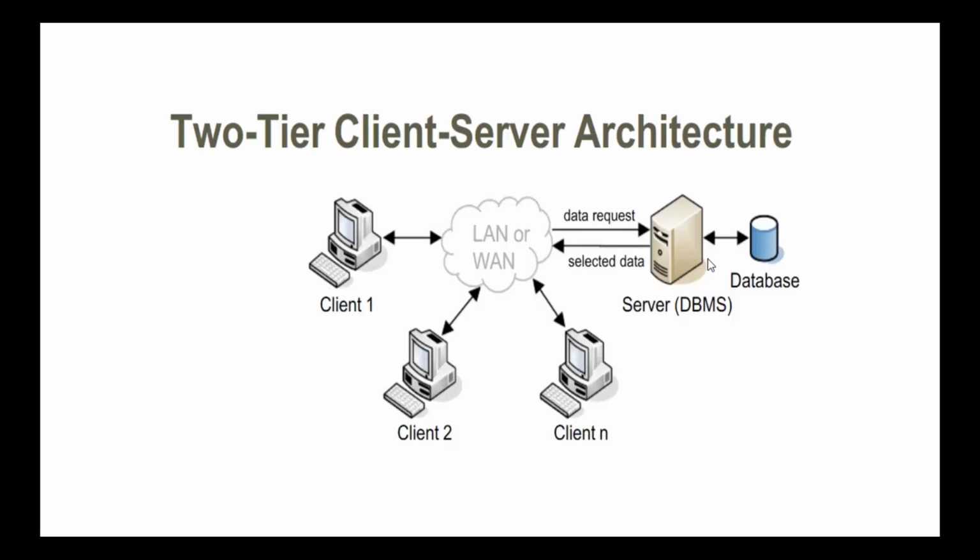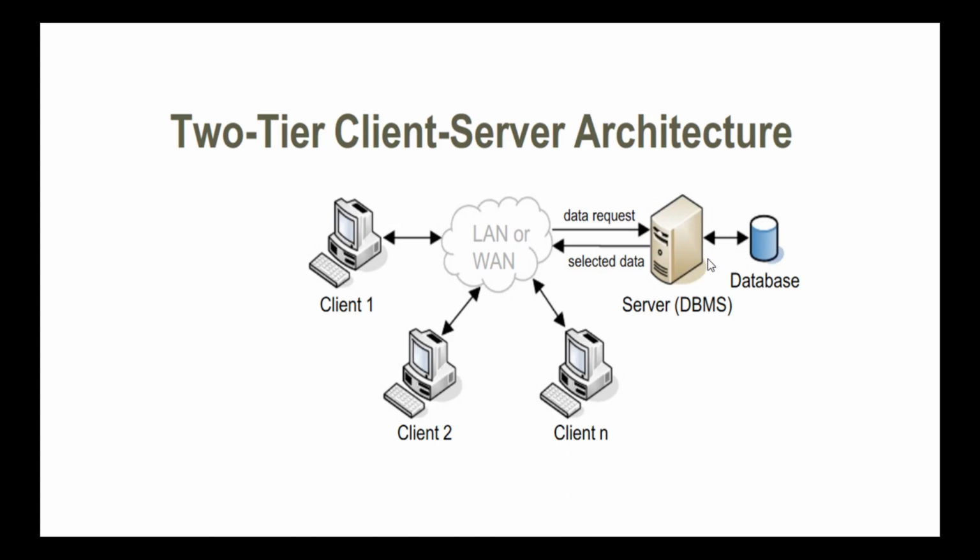Just see this diagram carefully to understand this concept clearly. Those are several systems, client 1, client 2 and client 3. Those systems are connected to the server through LAN or WAN. LAN means local area network, WAN means wide area network. Through some type of communication media, those clients contact the server.